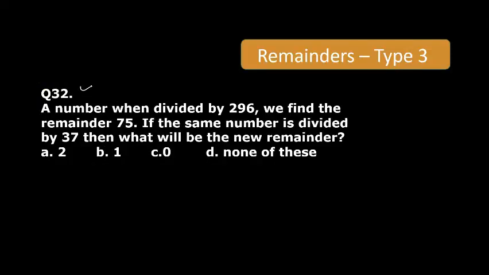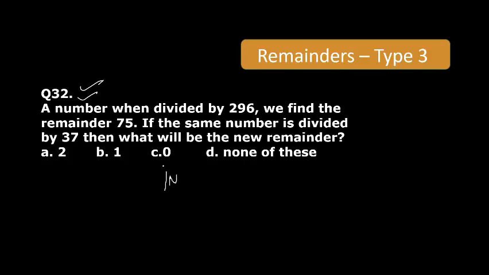Tell me the answer of this question. Good, 5 was correct. So you can answer it in just 1 second by the trick. You don't have to check. Just simply use the shortcut.